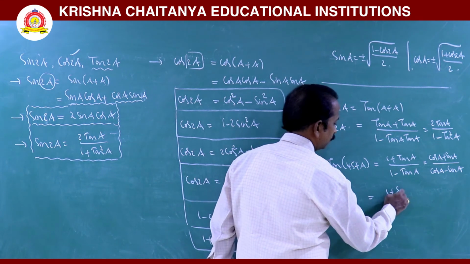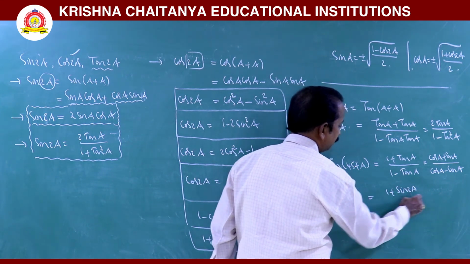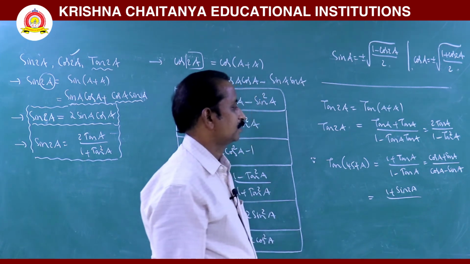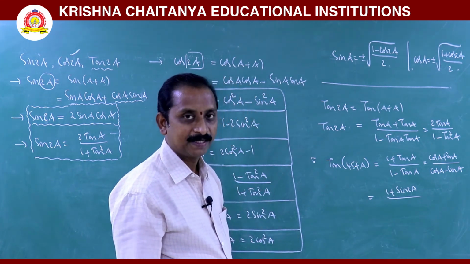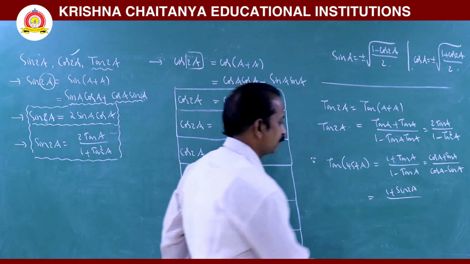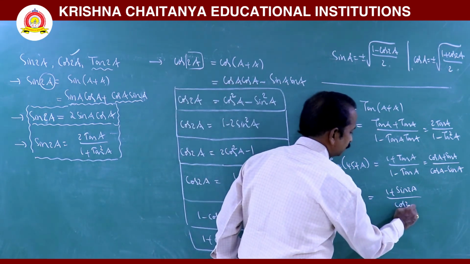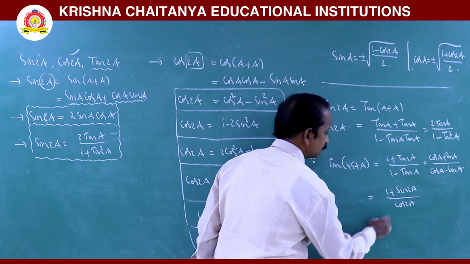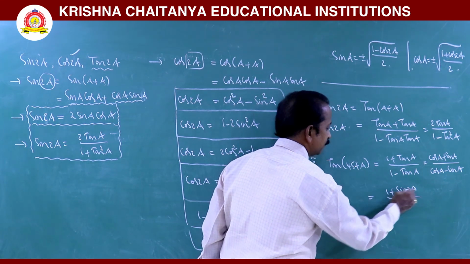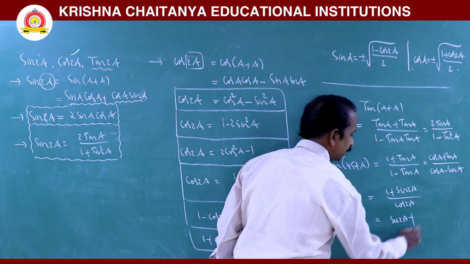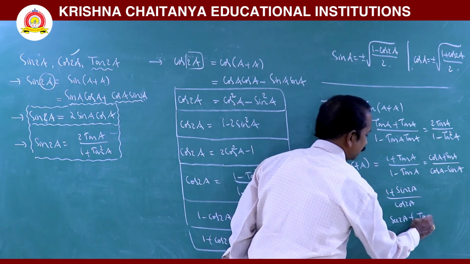So, therefore, 1 plus sin 2A divided by cos A minus sin A into cos A plus sin A, A minus B into A plus B, A square minus B square, cos square A minus sin square A, that is nothing but cos 2A. This is another way of tan 45 plus A. We can express as 1 by cos 2A plus sin 2A by cos 2A. 1 by cos 2A is nothing but secant 2A, sin 2A by cos 2A is nothing but tan 2A.